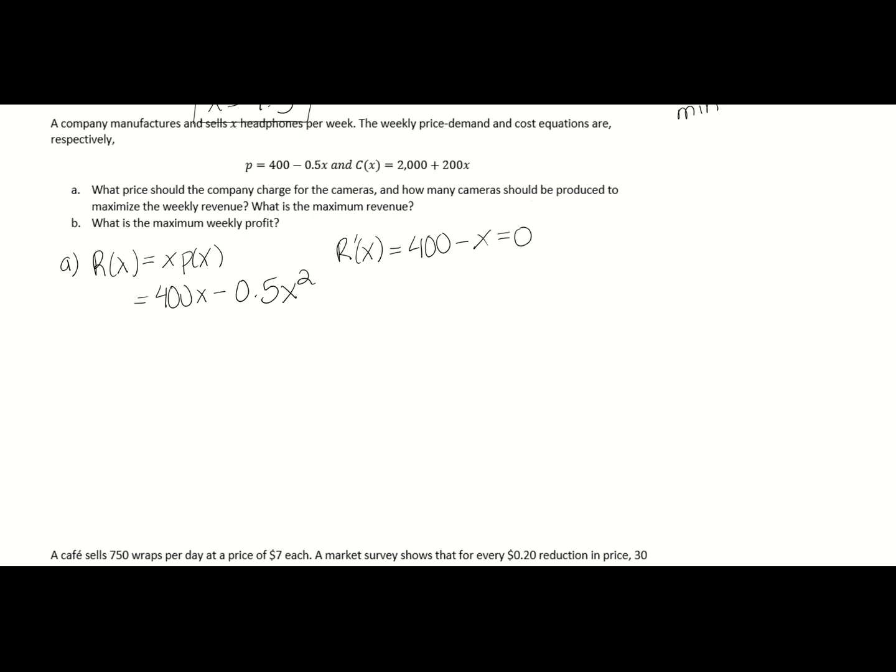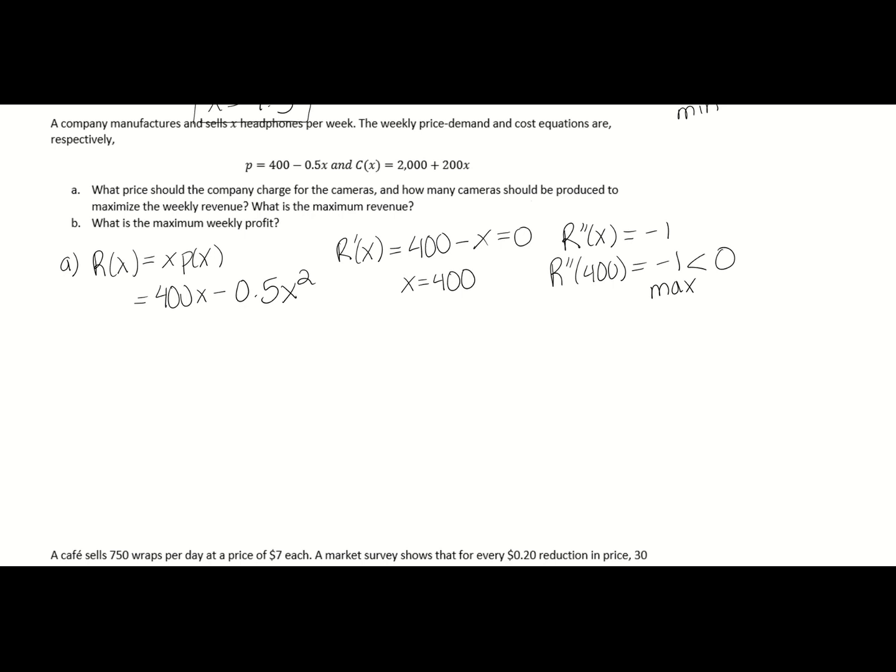I set this equal to 0, and I get x is equal to 400. But again, make sure that you check that this is a maximum and not a minimum. So I will find the second derivative, which will give me a negative 1. When I plug in 400, this is still negative 1 because there's no x, and this is less than 0, so by the second derivative test, this is a maximum.